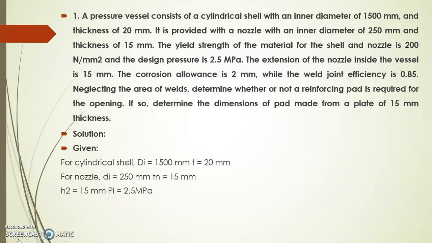H2 is equal to 15 mm and internal pressure Pi is equal to 2.5 megapascal. SYT, that is yield strength, is equal to 200 Newton per mm square. Corrosion allowance Ca is equal to 2 mm and efficiency is equal to 0.85. And for the pad, thickness small t is equal to 15 mm.